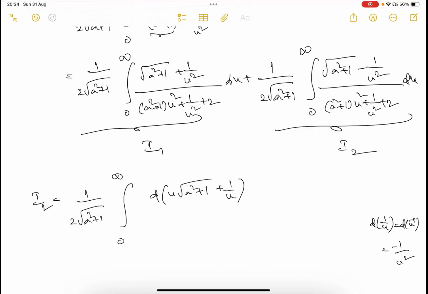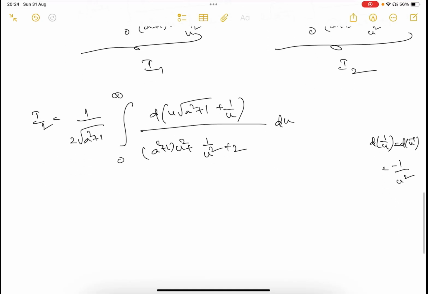So you can write it like this, by the denominator, which is a square plus 1 into u square plus 1 by u square plus 2, into du. So let's try to write this denominator part in the form of the numerator, right?